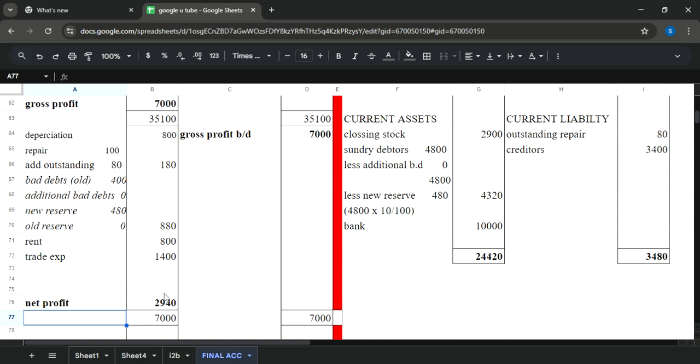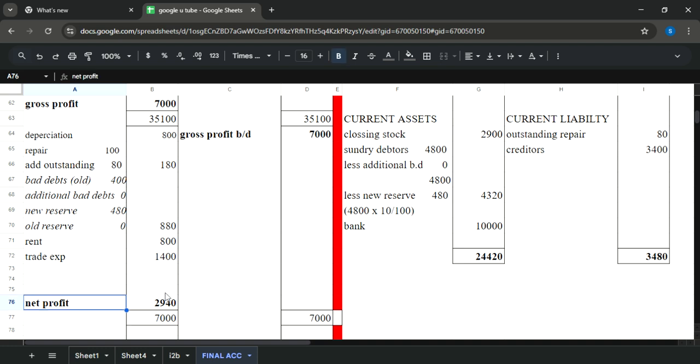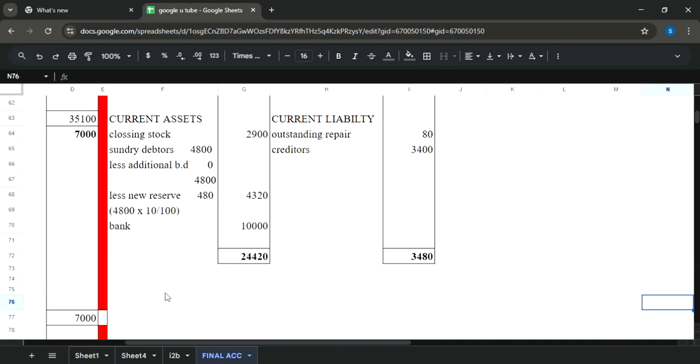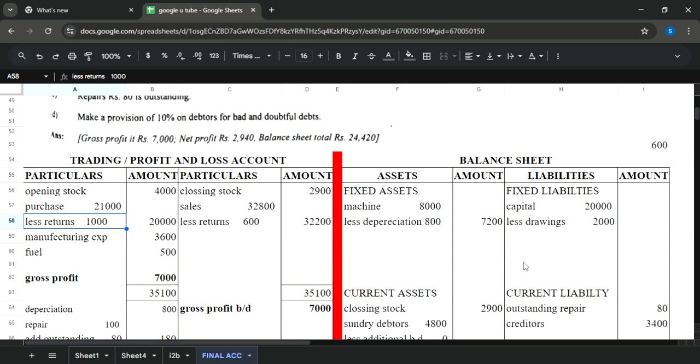Now we need to bring it down, but as you know, in the final account we will bring it to the balance sheet, brought forward. So here, this is the place where you will add your net profit, the amount of which we have recently calculated, 2940.